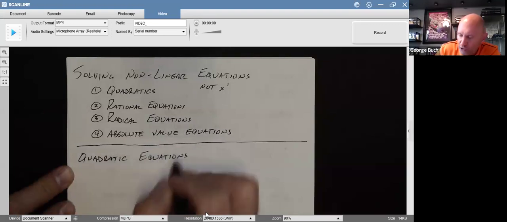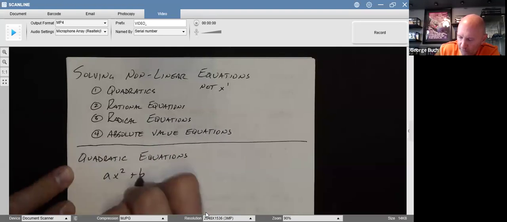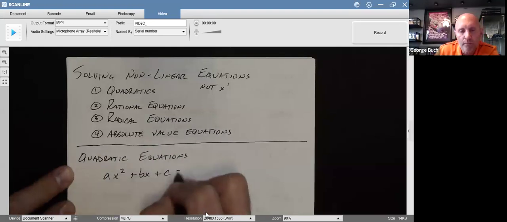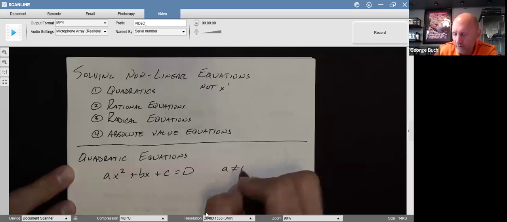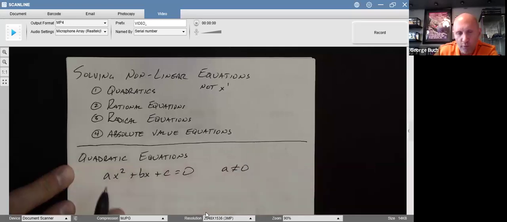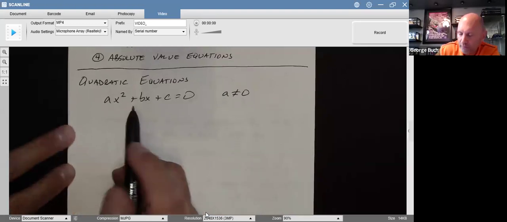A quadratic equation has the form ax squared plus bx plus c is 0, where a is not equal to 0. Because if a is 0, there is no x squared, and therefore it's a linear equation. So we kind of have to put that in there. We have a few different ways we can go about this.